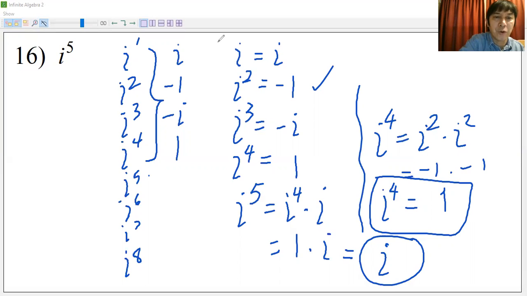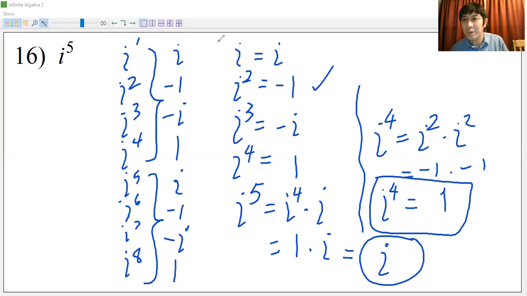Going to the next 4, it will be the same: i, negative 1, negative i, and positive 1. So it's every fourth. It's a cycle.